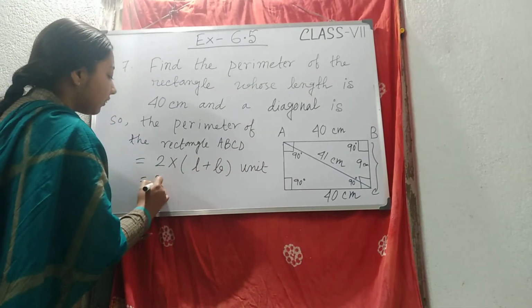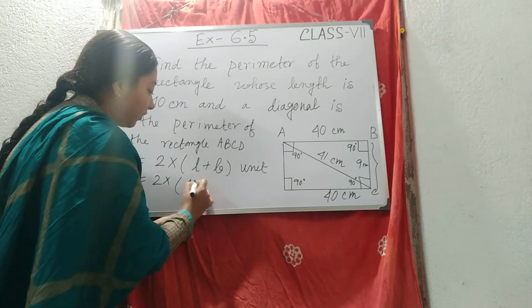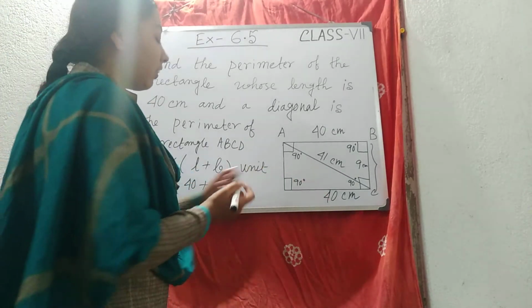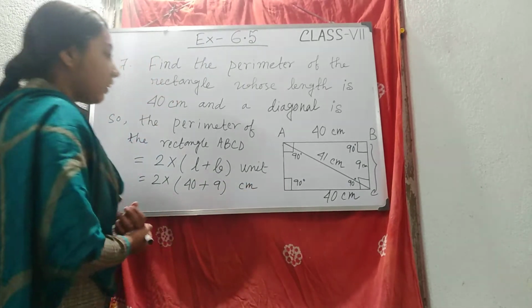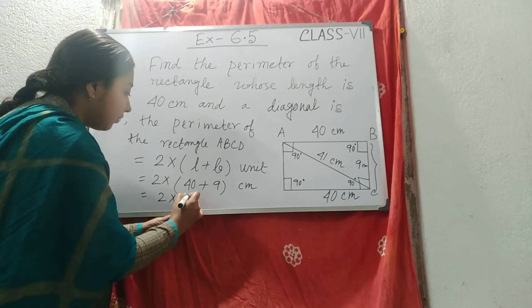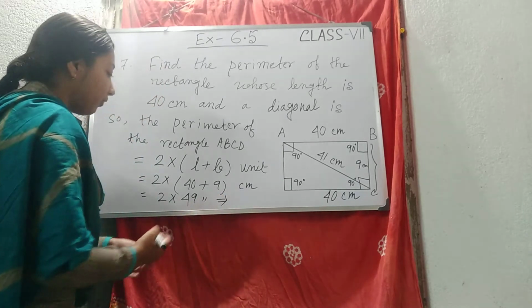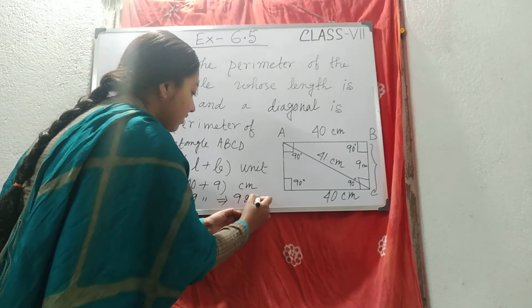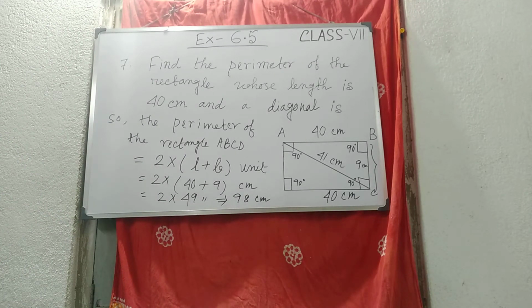So length is given 40 centimeter and breadth we have got 9 centimeter, and for unit we will take centimeter only. So 2 into 49 centimeter, which will be equal to 98 centimeter. So the perimeter of the rectangle ABCD will be 98 centimeter.